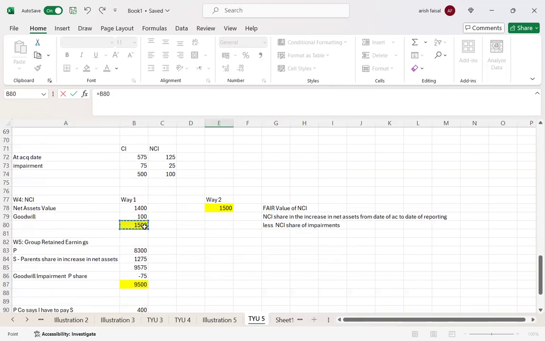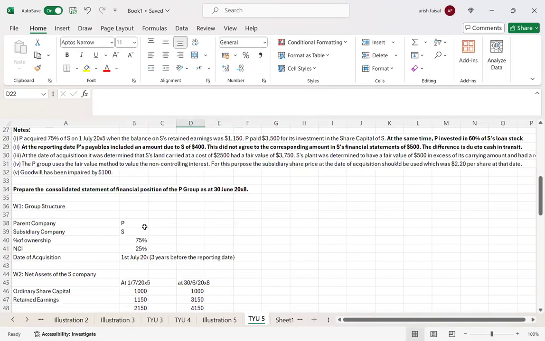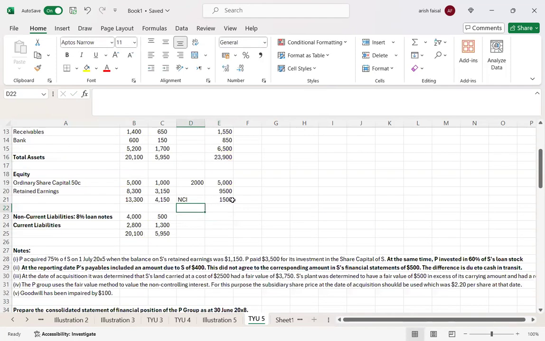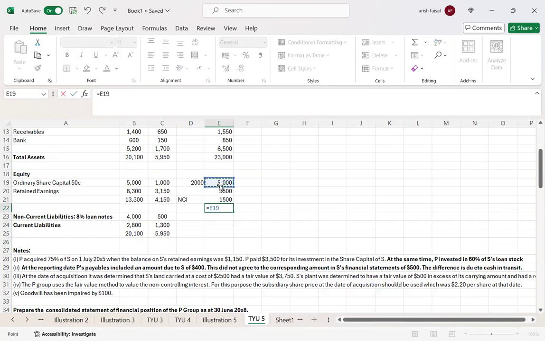So either you can take it through way 1 or you can take it through way 2. So that turns it up to 1500 over here. Total value of equity will be this plus this and plus this.